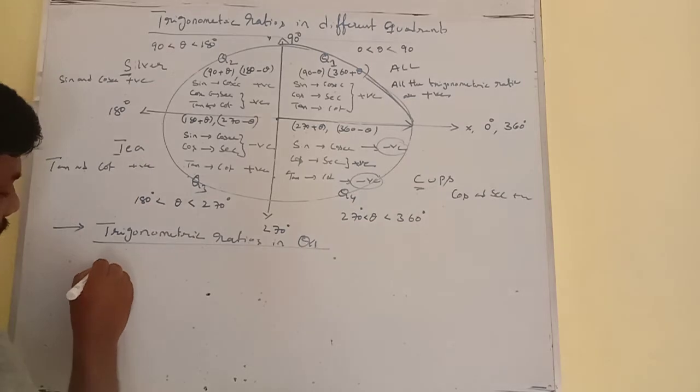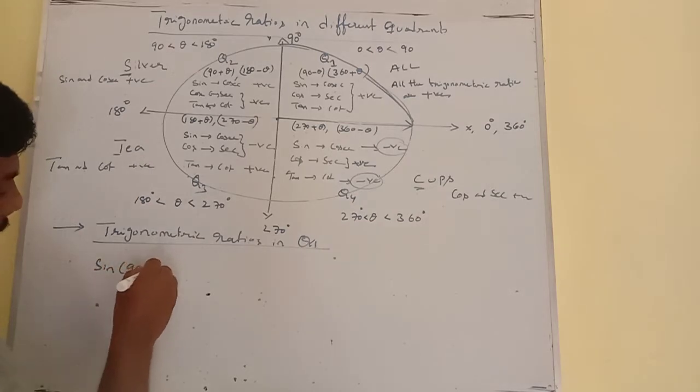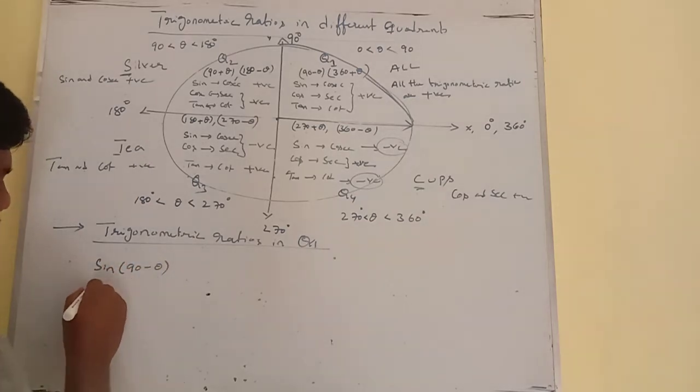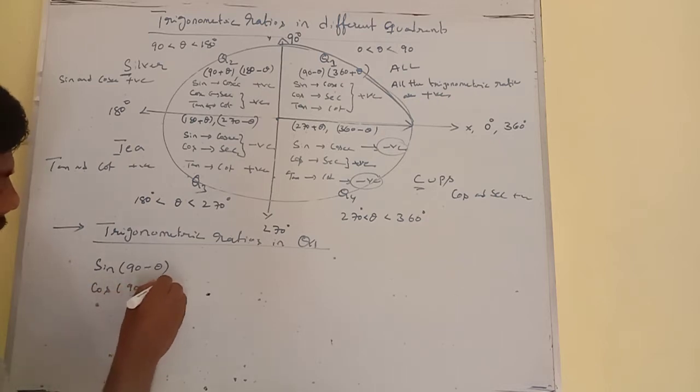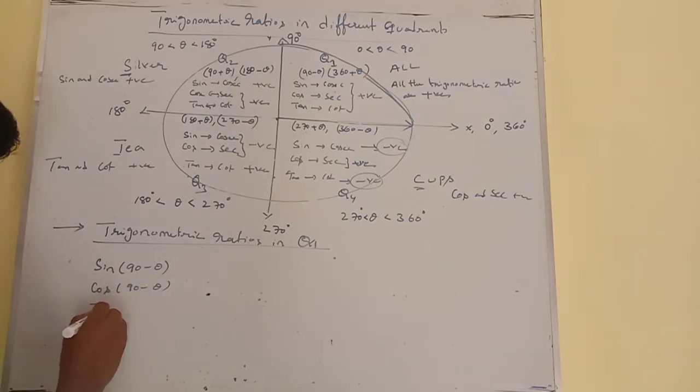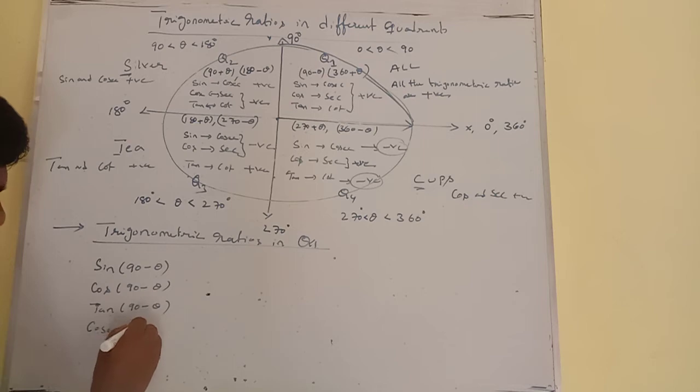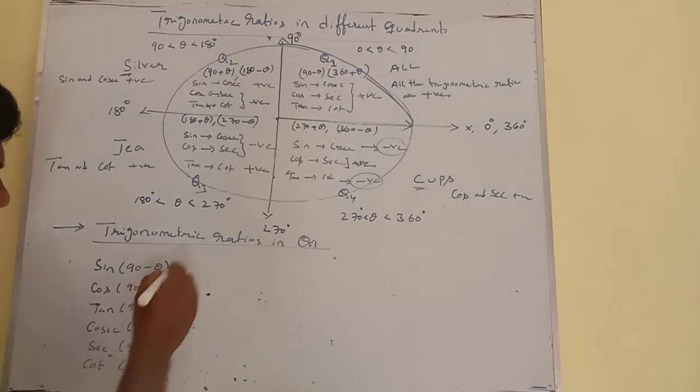Sine 90 minus theta. In the same way, cos 90 minus theta. Next, tan 90 minus theta. Cosecant 90 minus theta. Secant 90 minus theta. Then cot 90 minus theta.